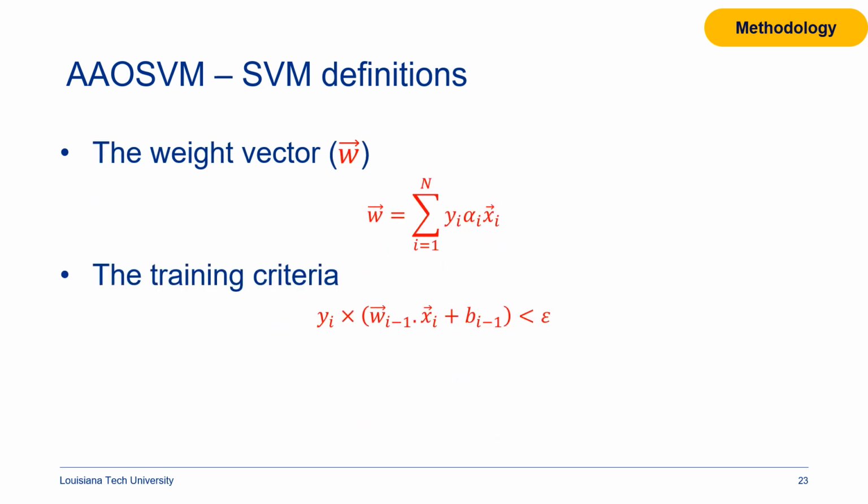The weight vector is a sum of label, support vector, and each instance multiplied. The training criteria is the label, the previous weight vector multiplied by the current instance plus the previous bias, which has to be less than a threshold value.